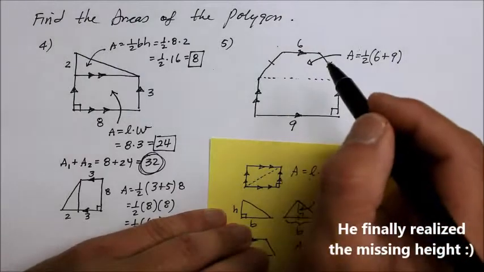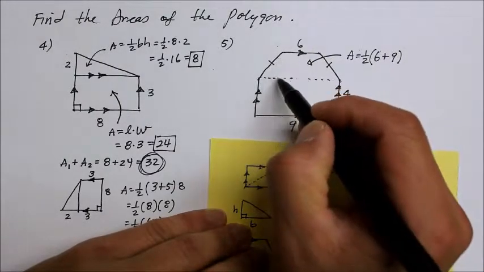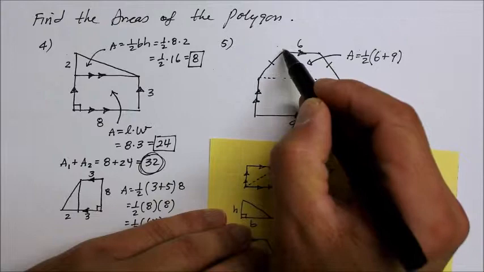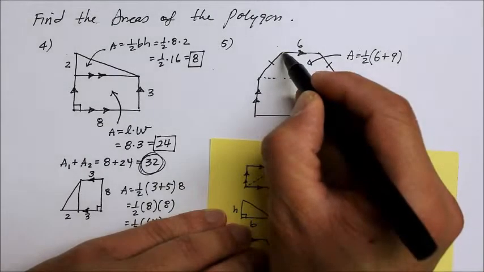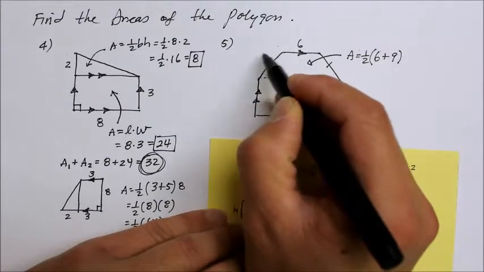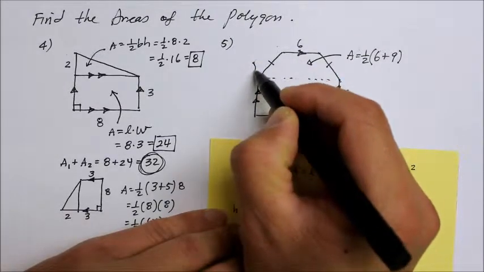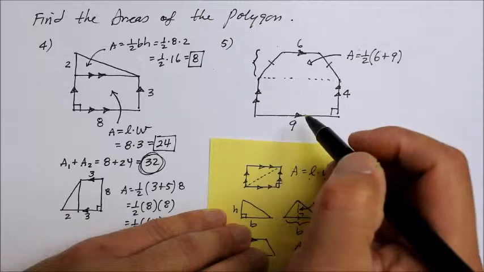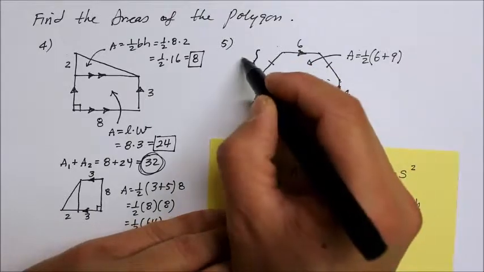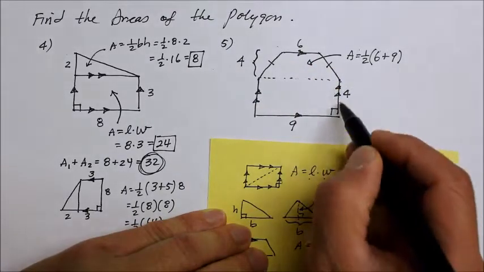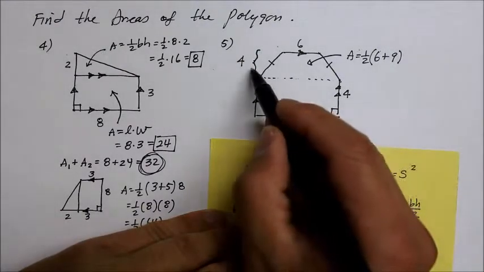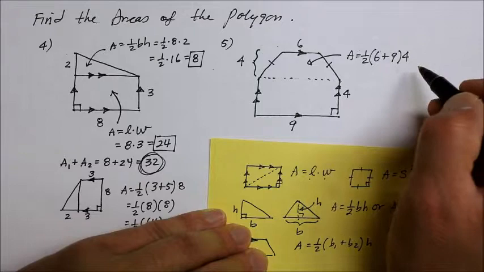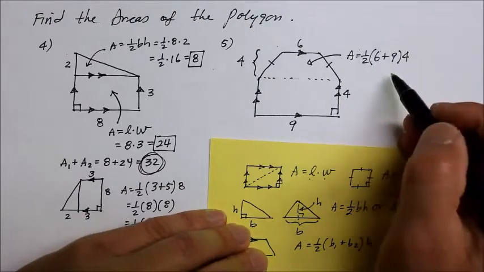I forgot to give you the height of this trapezoid. So let's just make believe and say that this here, let's say it's 4, just like this one here. That was my mistake. So anyway, that's 4. That's the height. Ta-da! So let's go ahead and evaluate.